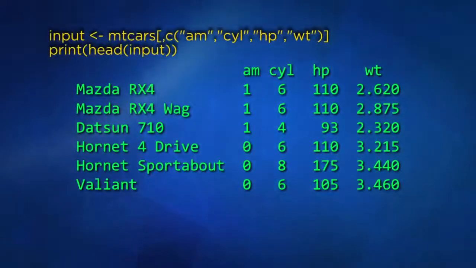All right, so we're going to use logistic regression to model the relationship between the column AM and those other three columns. In this case, we're going to use horsepower, HP, weight, which is the weight of the car in 1,000 pounds, and cylinders, or CYL, which gives us the number of cylinders in the car. Here's our data.